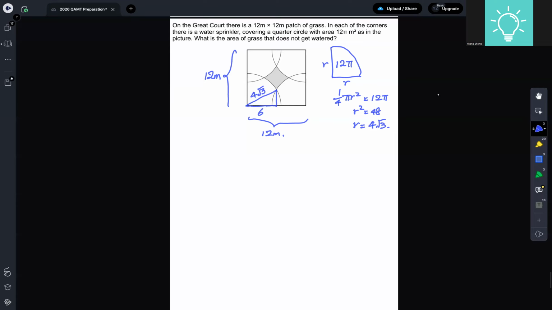Well, 6 squared is 36, and this squared is 48, right? So by Pythagoras' theorem, the square of this has to be 48 minus 36, which is 12. So what is the square root of 12? That's 2 square root of 3, isn't it?